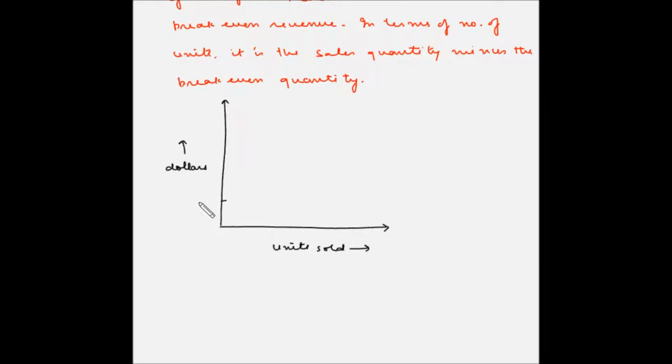Let's say this is 2,000, 4,000, 6,000, 8,000, and so on. And these are 100, 200, 300, 400, 500, and so on.